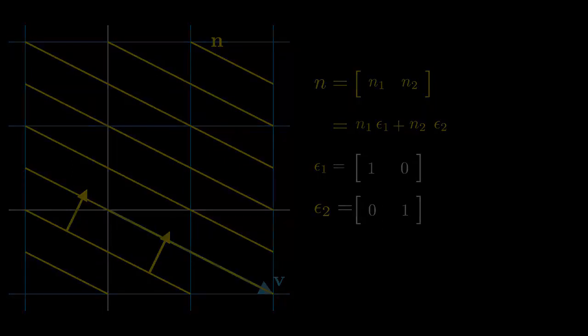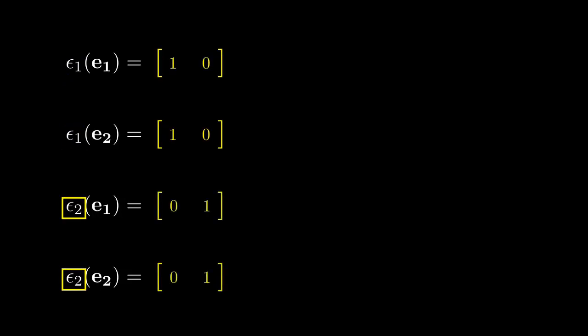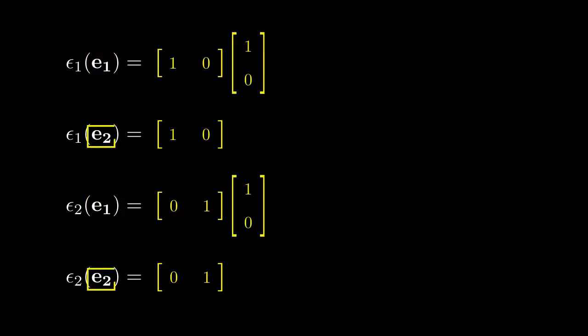Luckily, you know how to evaluate the normal basis function with the vector basis. Here is epsilon1, which is 1, 0. Epsilon2, which is 0, 1. Basis E1 is 1, 0. Basis E2 is 0, 1. Let's calculate them.